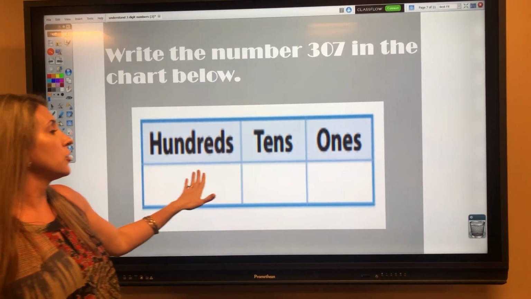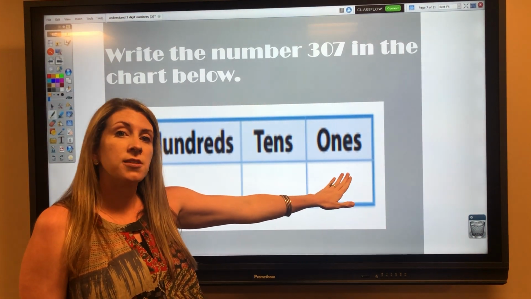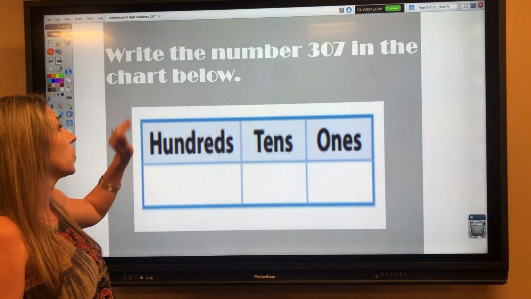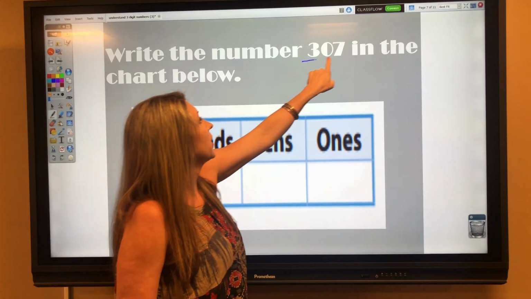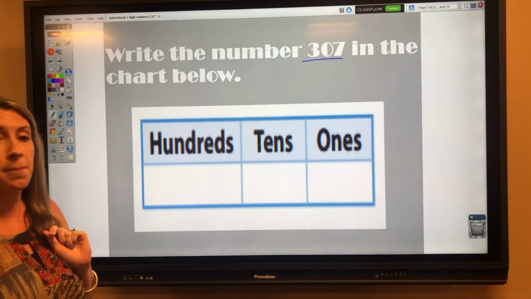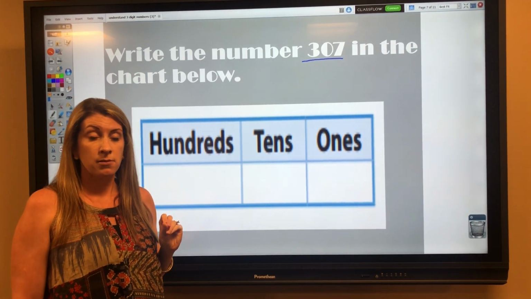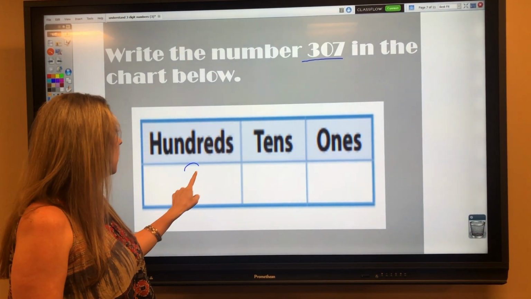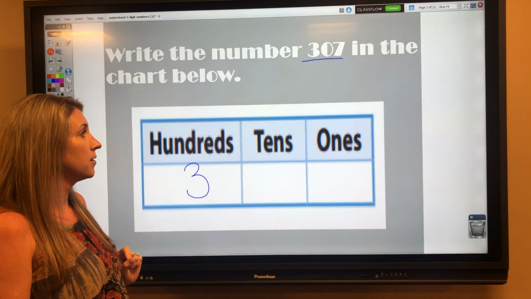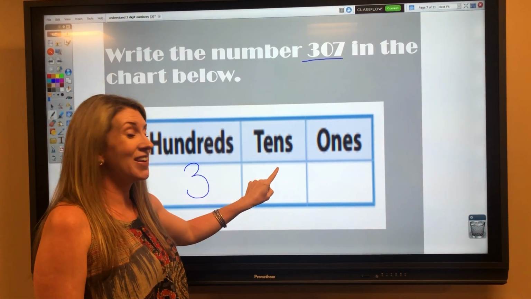Now let's look at a hundreds, tens, and ones chart to fill in this number. We're going to write the number 307 in the chart below. So the number 307 has 3 hundreds. Trying to trick you again, you can see.